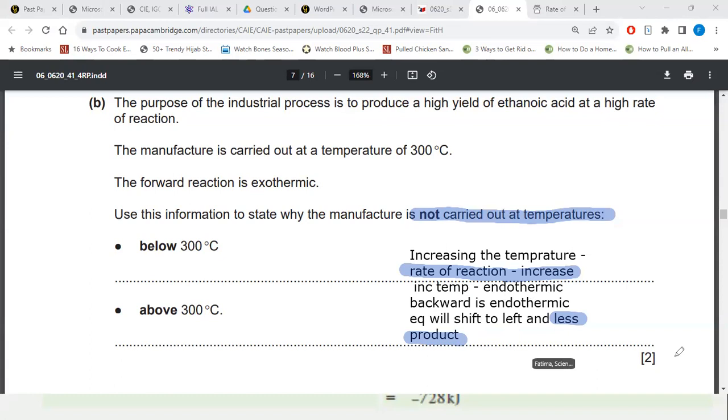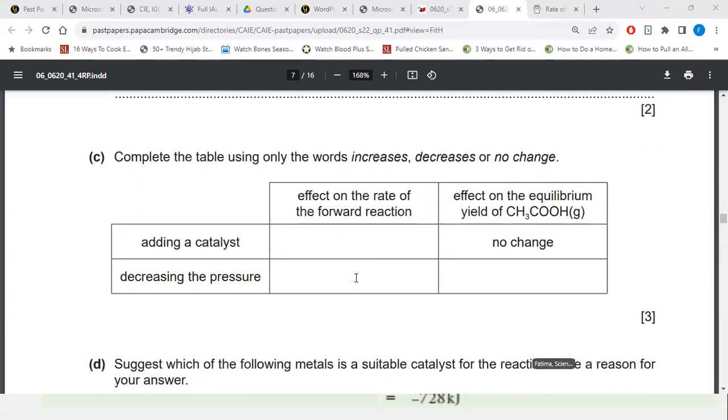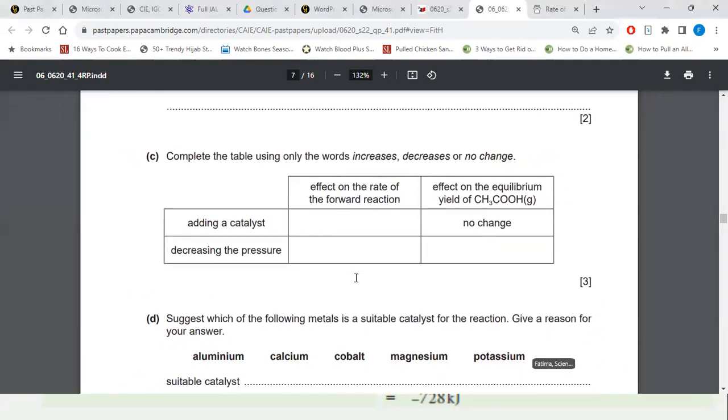Because I will get less yield of ethanoic acid, you can even use the term from the question. I will get less product, less yield of ethanoic acid. And why do I not want to go below 300? Because the rate of reaction is low. That's it.